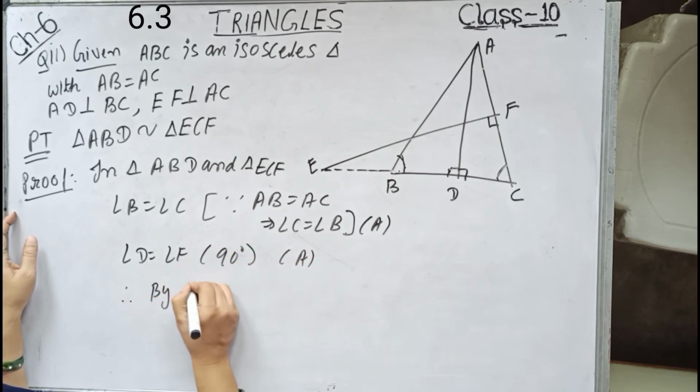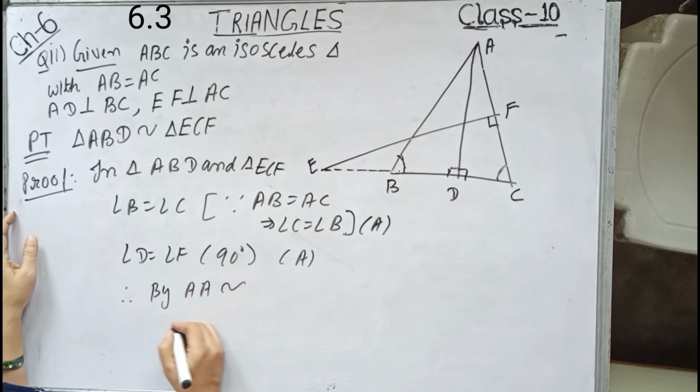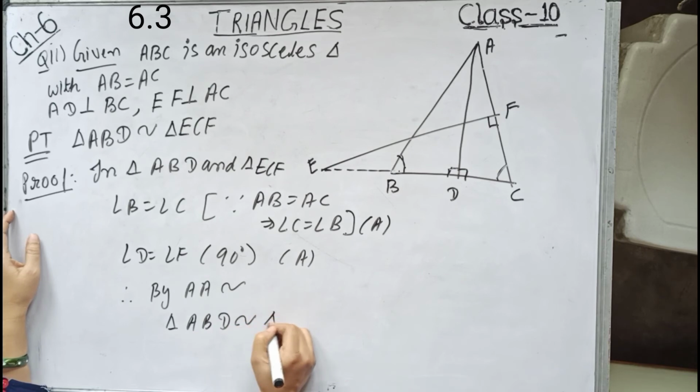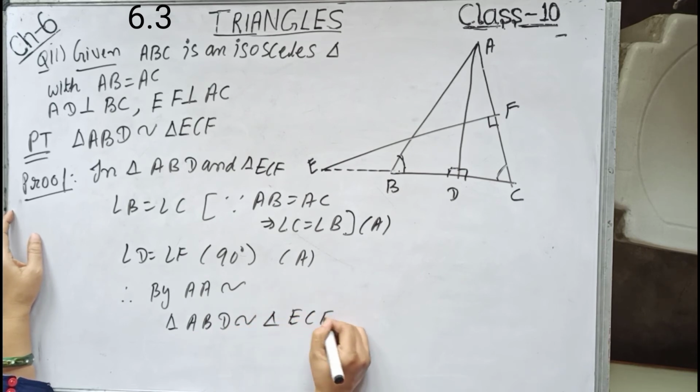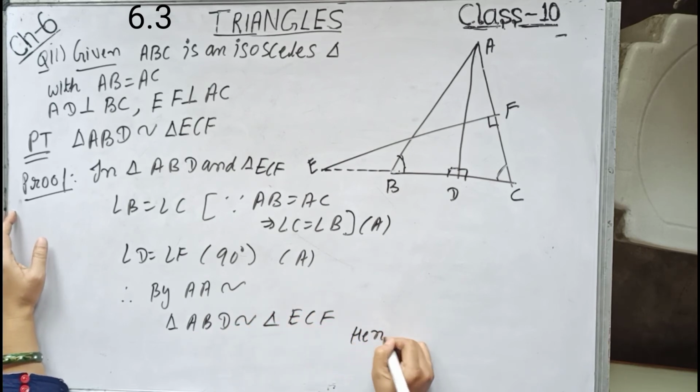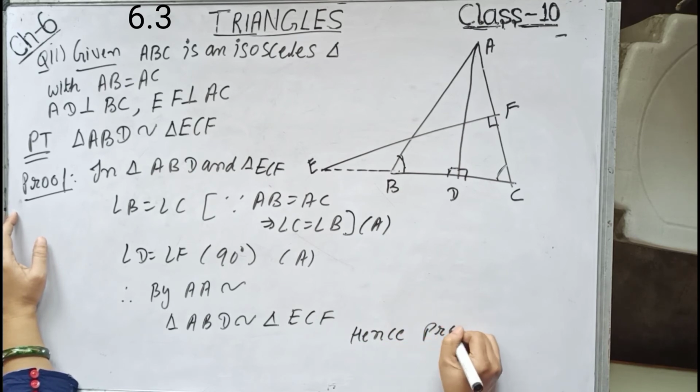Therefore by double A similarity, triangle ABD is similar to triangle ECF, and hence it is proved.